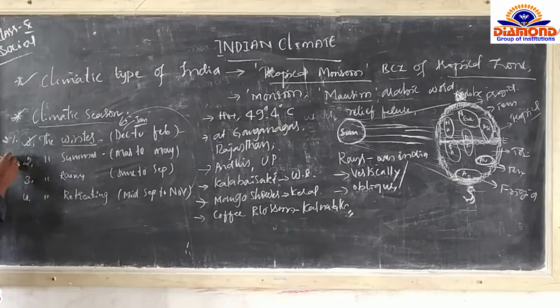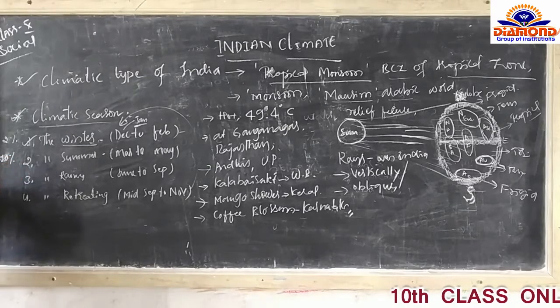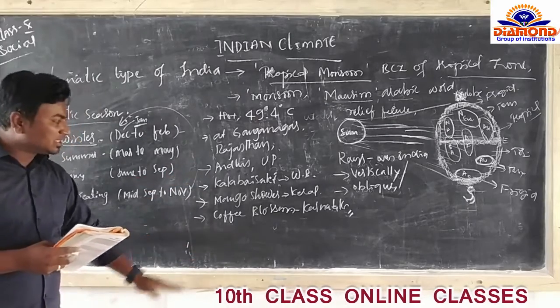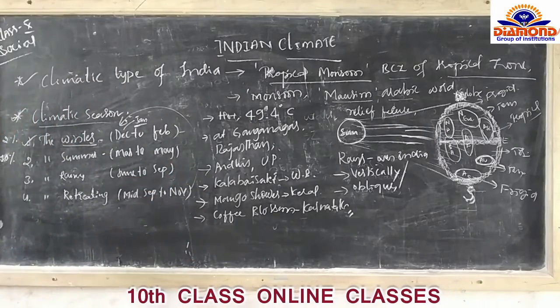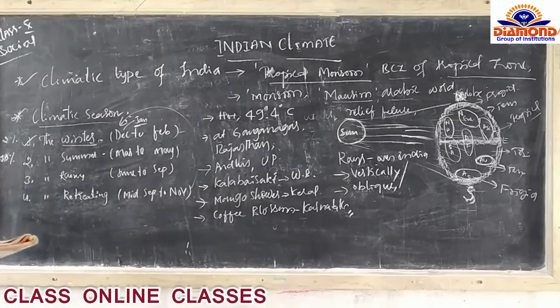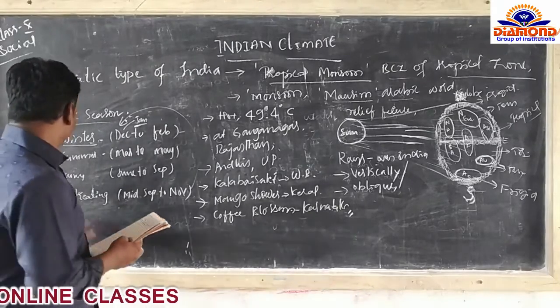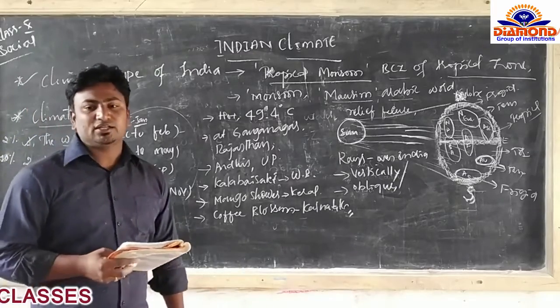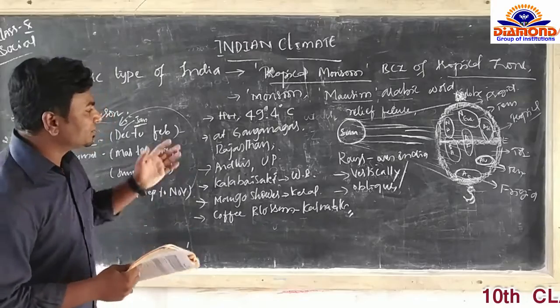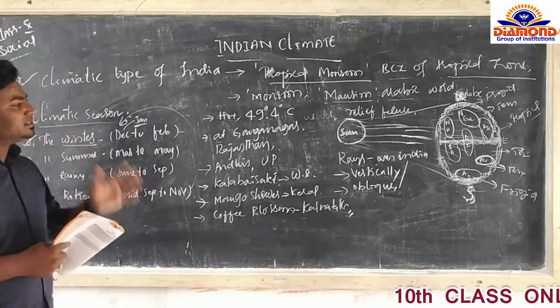Because of these four types of showers, India receives only 10% of its rainfall in the summer. So next we see the summer.